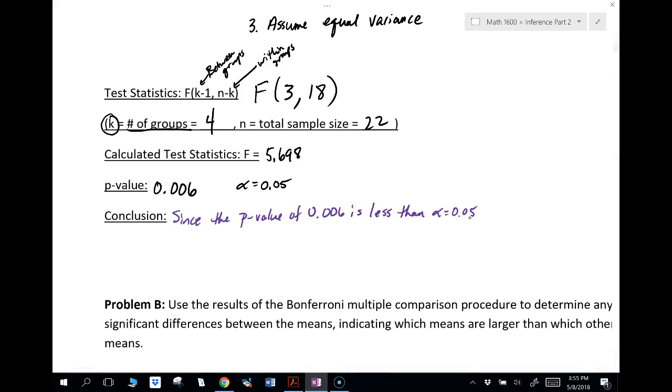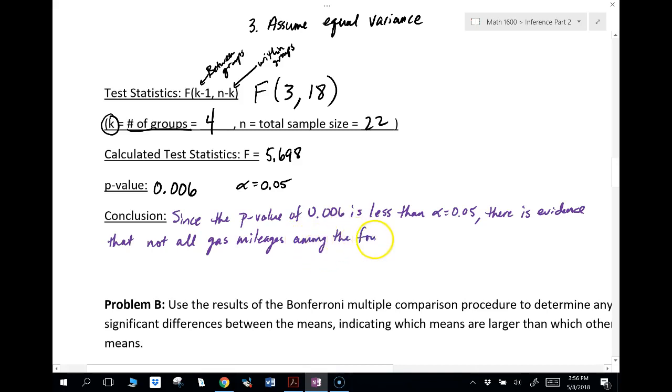We reject the null, which means there is evidence that not all gas mileages among the 4 brands of cars is the same.